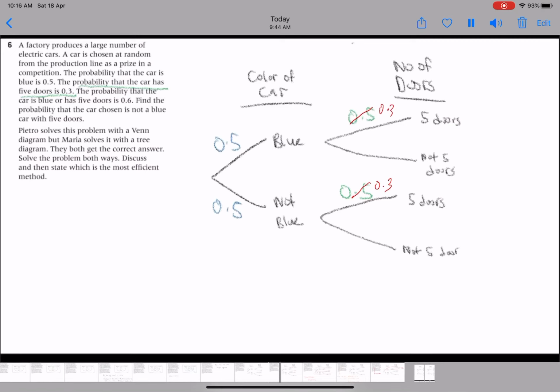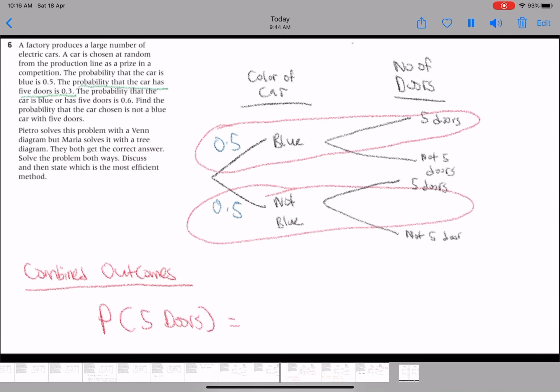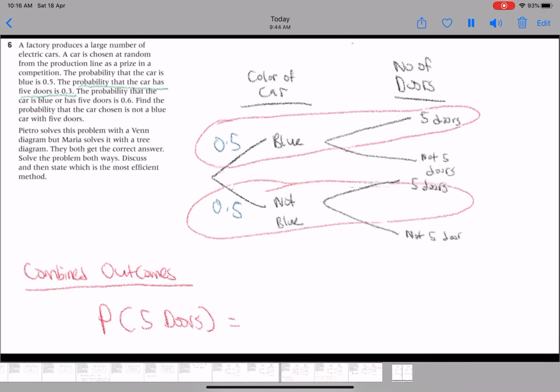The lower branch is the probability that it has 5 doors given that the color is not blue. So conditional probability is not the same as the probability that the car has 5 doors. In fact, the probability that the car has 5 doors is these two combined regions. Always remember, it's a combined event. So the probability of 5 doors comes from blue and 5 doors, and not blue and 5 doors. And this is the conditional probability that I mentioned just now.